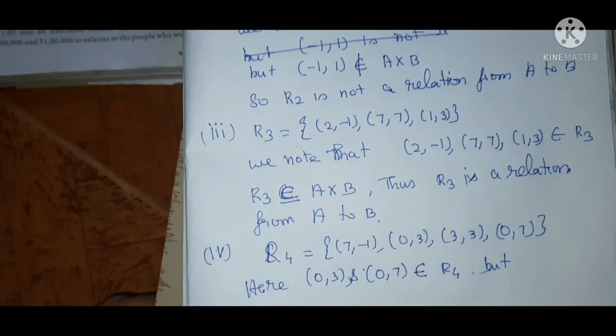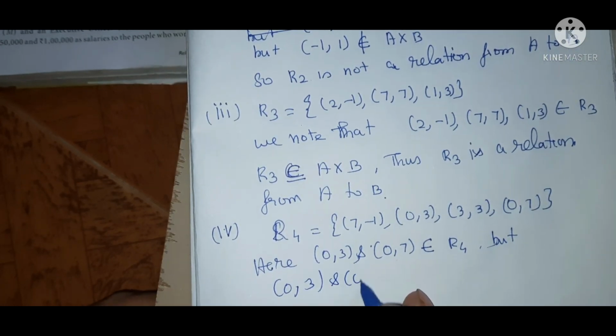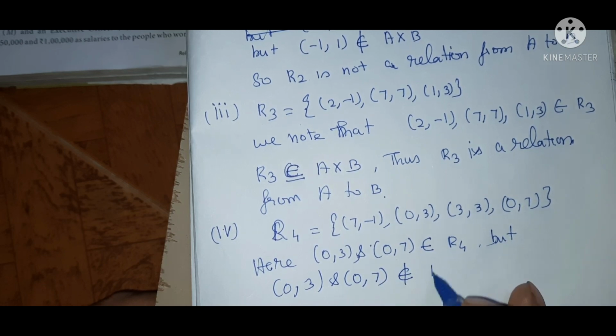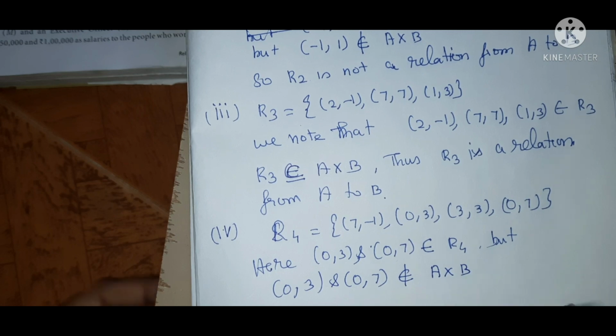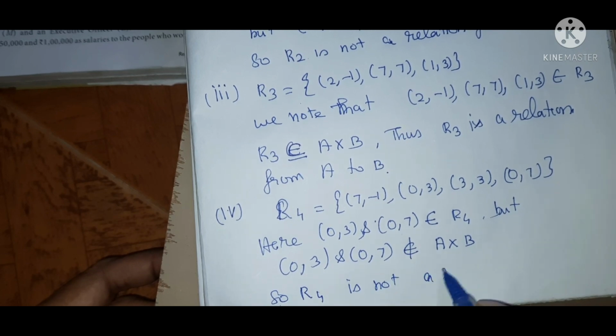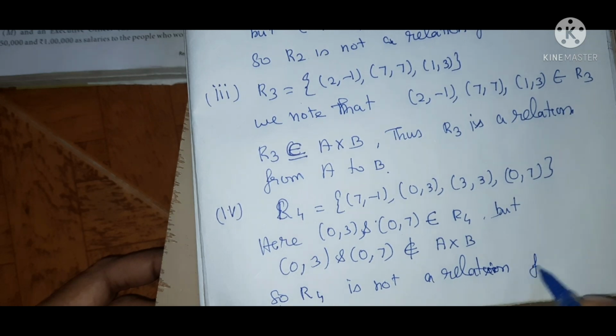But (0, 3) and (0, 7) are not elements in A cross B. So R4 is not a relation from A to B.